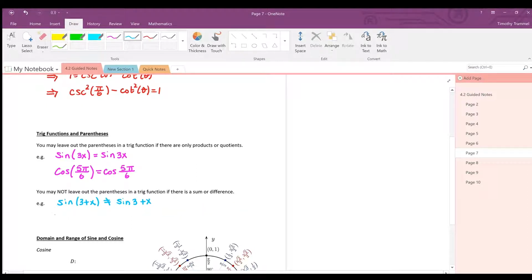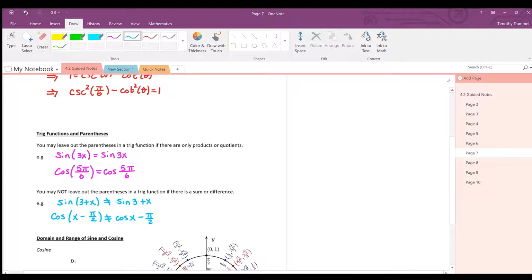And next, let's do one with cosine, I suppose. If we had a difference, so how about cosine of x minus pi over 2? Again, I may not write this without parentheses.